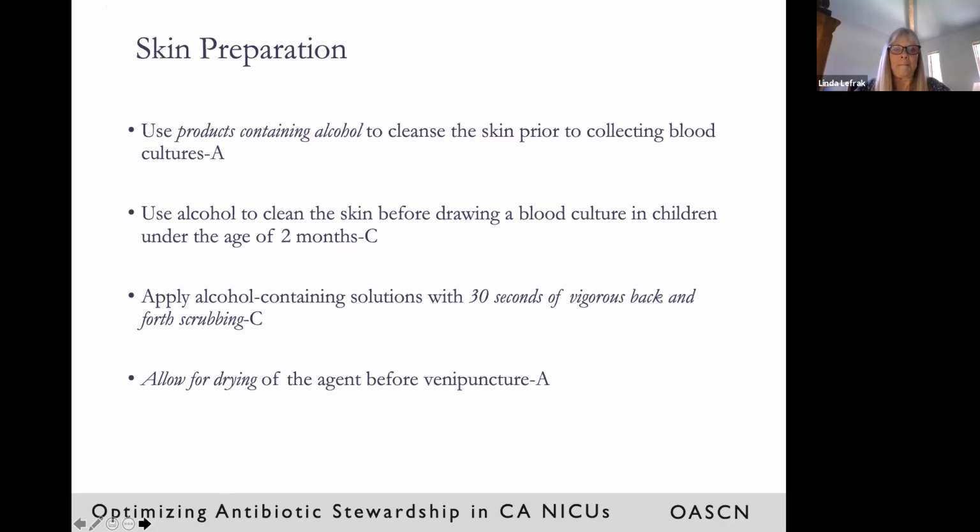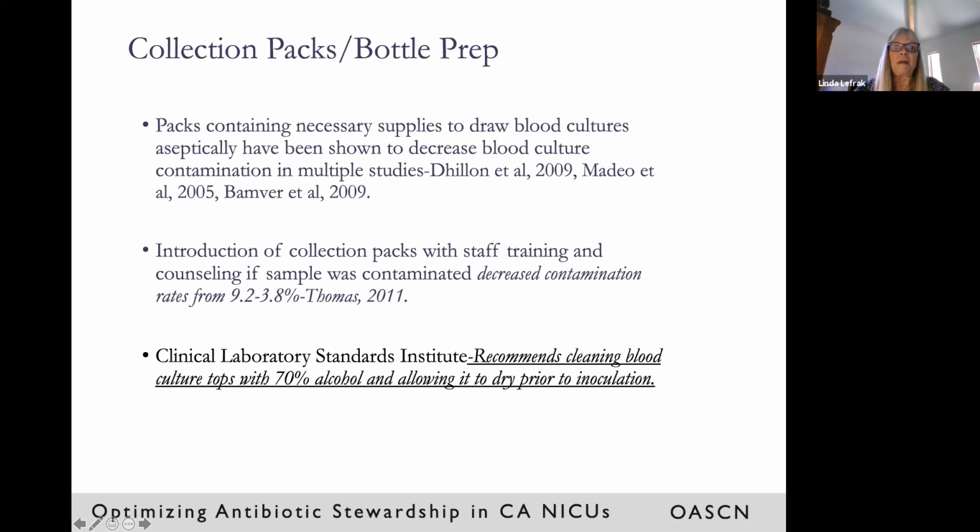Next slide. In terms of collection packs and bottle prep, there's clear evidence that putting together supplies in a single spot for the person who's going to be obtaining the sample has been shown to reduce contamination. I think this is very similar to the line trays or the line carts that have been put together in the last decade or so.